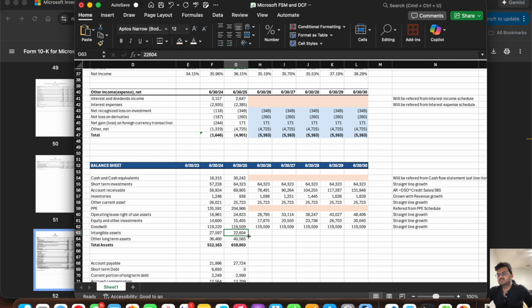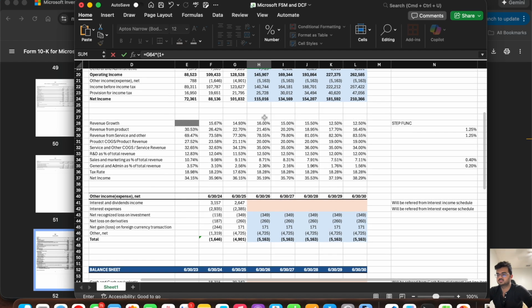I think this number we don't know whether this intangible asset will be the same or not. We don't have much visibility. So on the safer side, again, I am assuming this is going to grow as a straight line. Then finally, long-term assets. Microsoft, yes, is in a rapidly expanding state. So I assume the long-term assets will also grow by the revenue growth over the period of time. I'm just going by this simple assumption here.